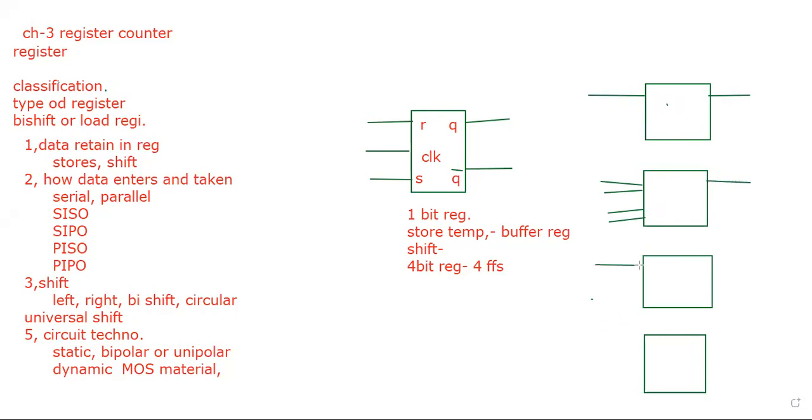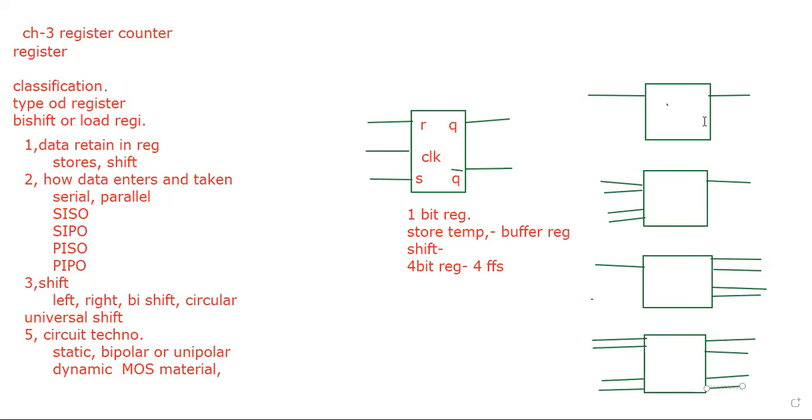Then serial in, parallel out. And the last one is parallel in and parallel out. Understand? So you just need to draw this figure, all four, and then explain.